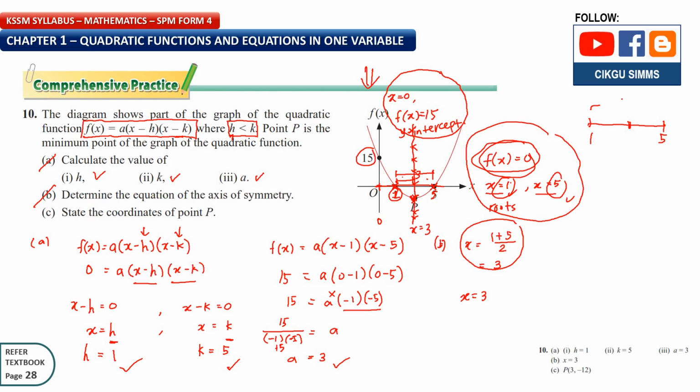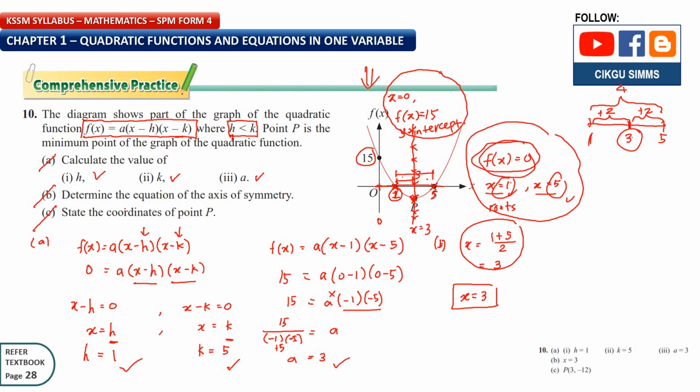So I find this total length is 5 minus 1, which is 4. I know this point is middle, so 4 divided by 2, you get 2. So 1 plus 2, you get 3 here. So this is another 2. So 3 plus 2, you get 5. So my middle point is 3. Okay. So you get the same thing, x equal to 3.